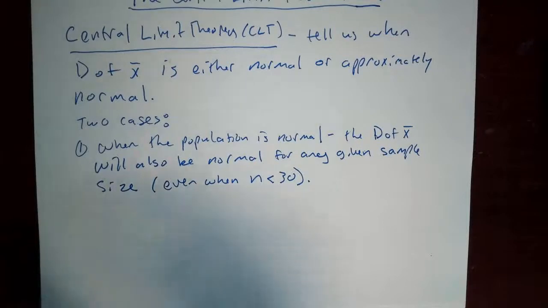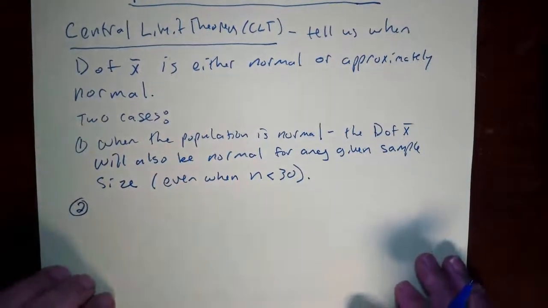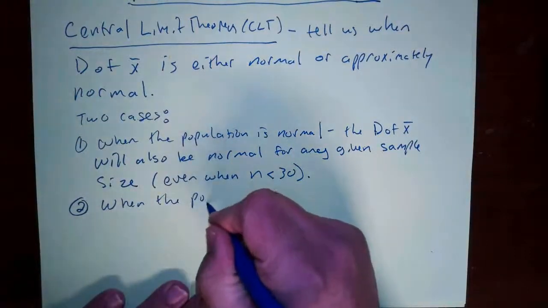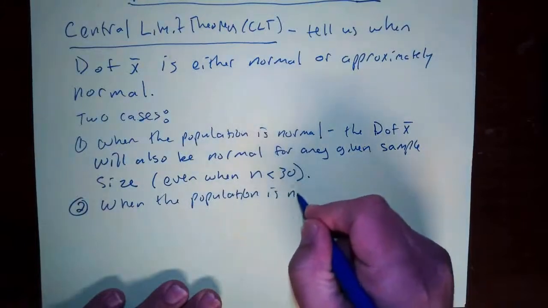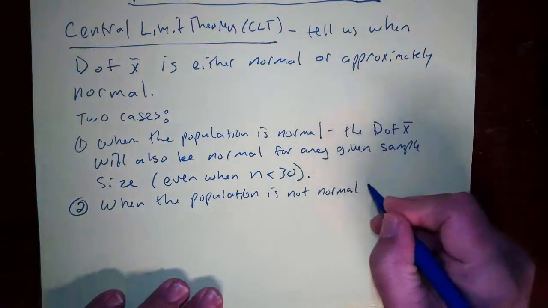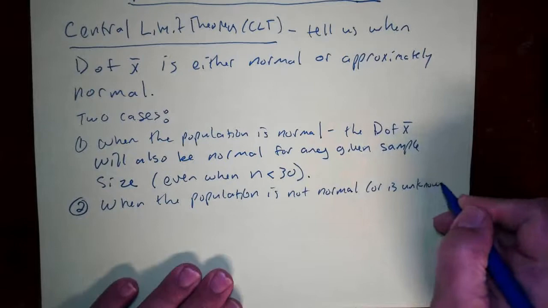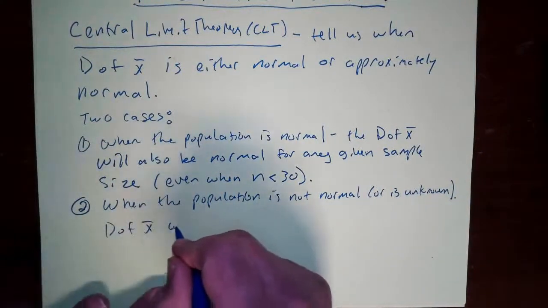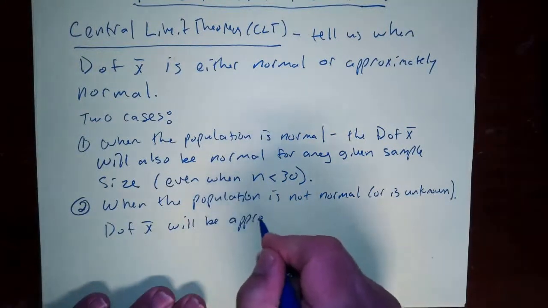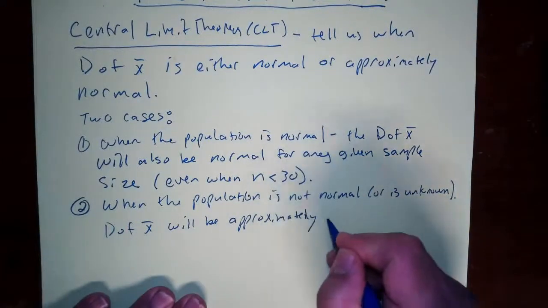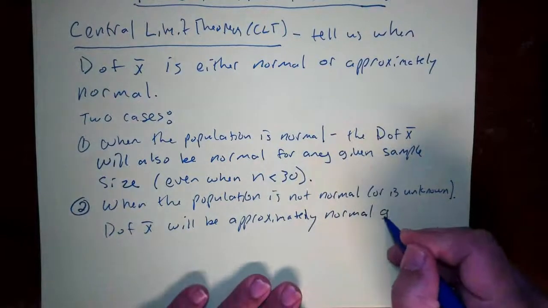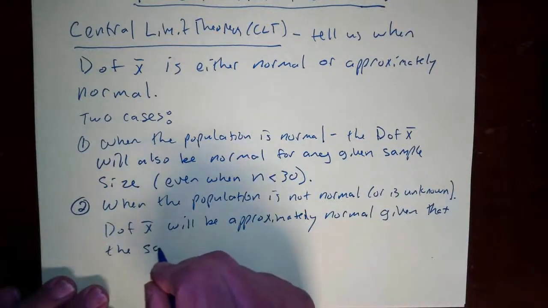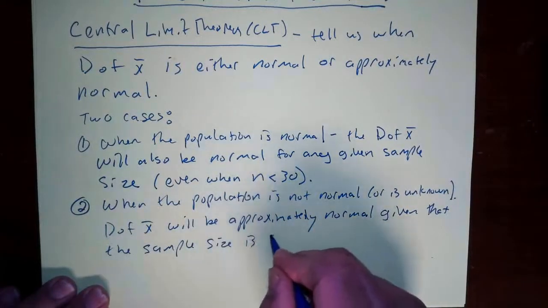Now here's the amazing thing about the central limit theorem. What this says is when the population is not normal, or is unknown, the distribution of x bar will be approximately normal given that the sample size is sufficiently large.